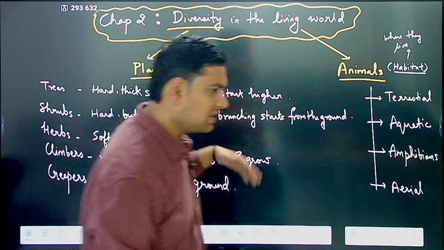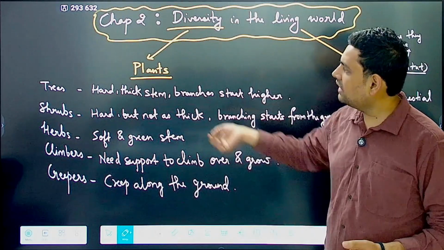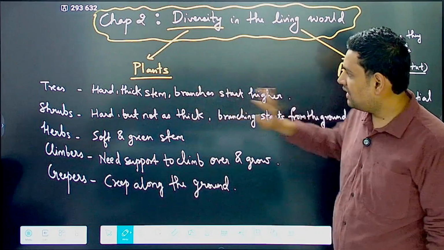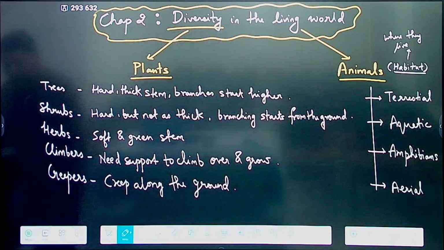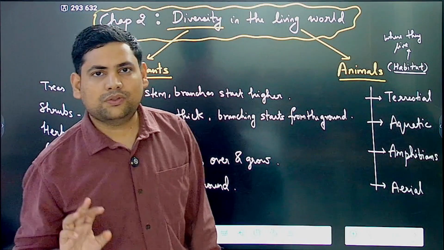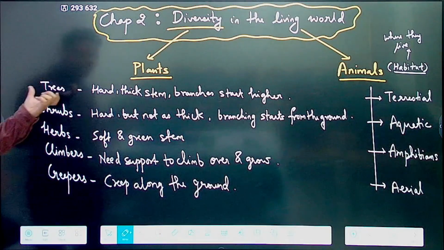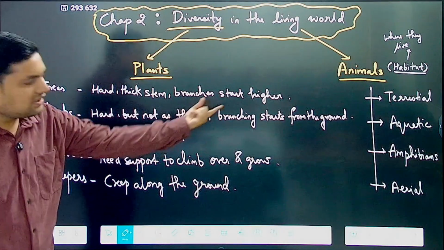So here we are studying the world of the living. First thing, it can be divided into two major sections, that is plants and animals. Now in plants, it talks about different kinds of plants and gives one to two examples of each. First is trees. Trees have a hard, thick stem, and the branches start higher.